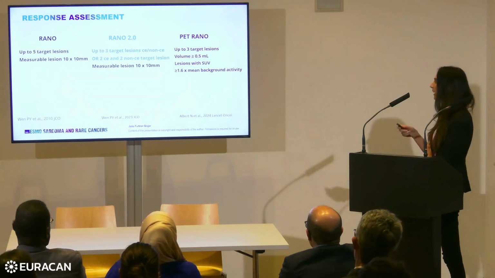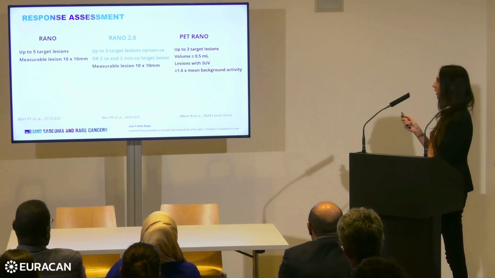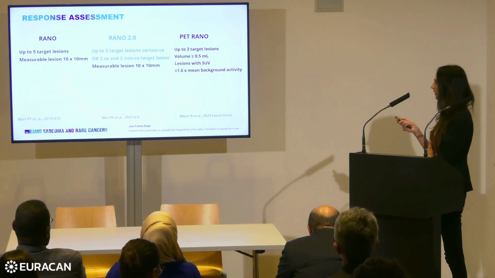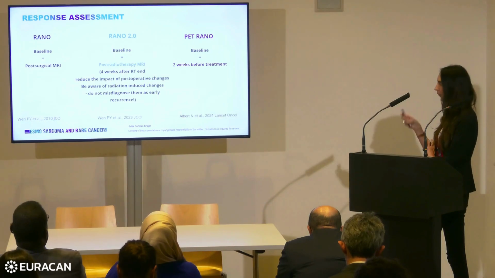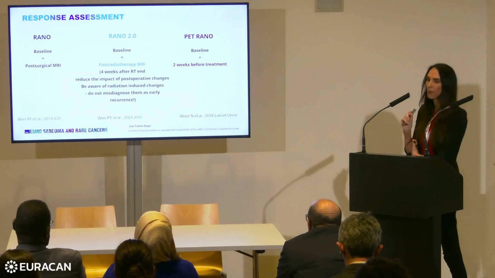And in the PET RANO criteria, we may define 3 target lesions with a volume over 0.5 milliliters, and the lesions have a 1.6-fold mean background activity.